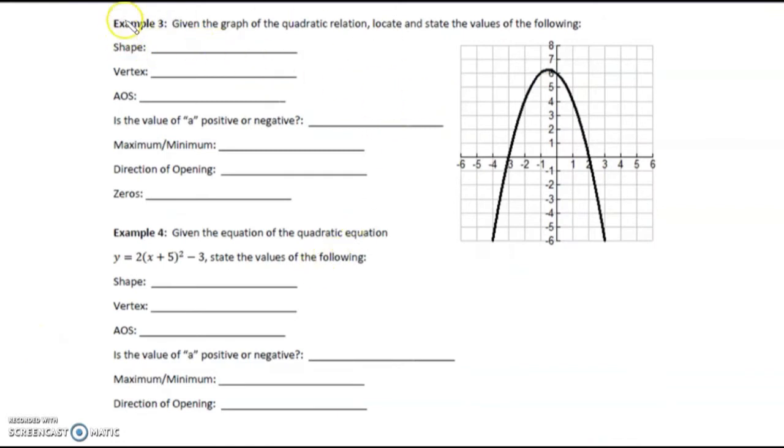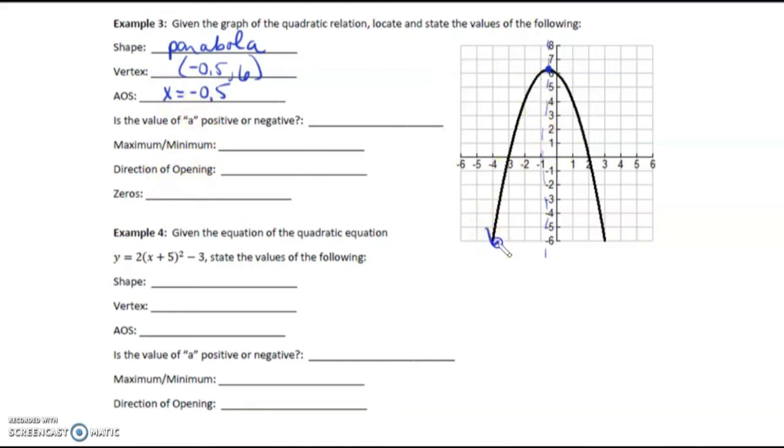Okay, so here are some examples. Example 3, given the shape of the quadratic relation, locate and state the values of the following. So what shape is this? Well, this is a parabola. Where's the vertex? Let's go -1/2 and 6. The axis of symmetry is going to occur at that x value, so x equals -0.5.